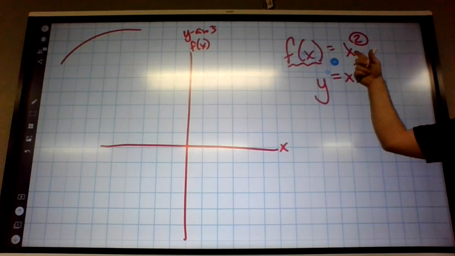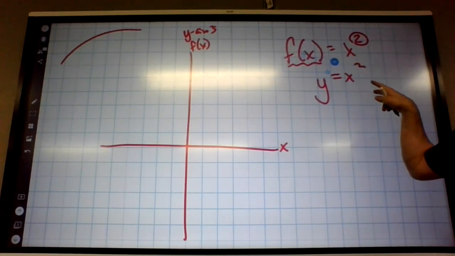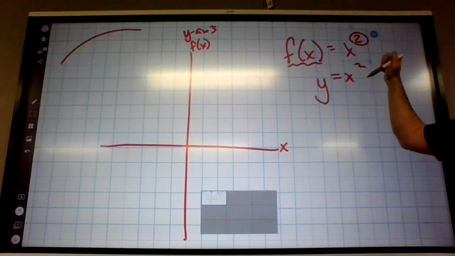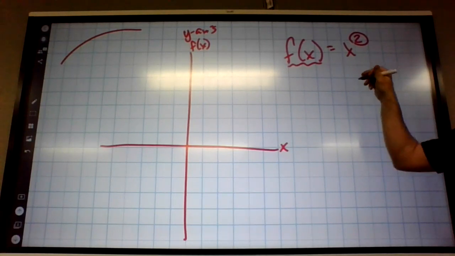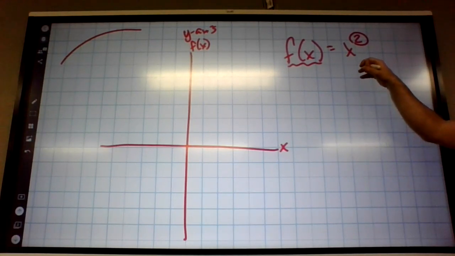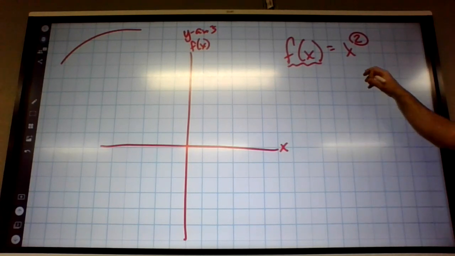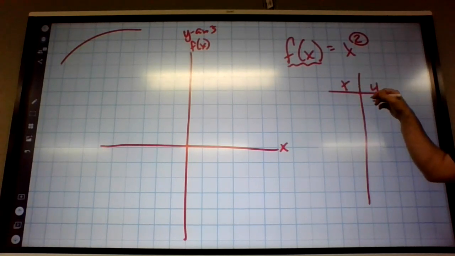Okay, so if I wasn't sure, have we seen a graph like this before? If I wasn't sure what this graph would look like, how would I figure it out? That's a good question. We've done this trick a lot before. You would make a table and plug stuff in.